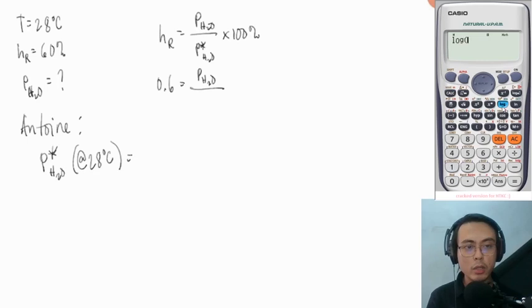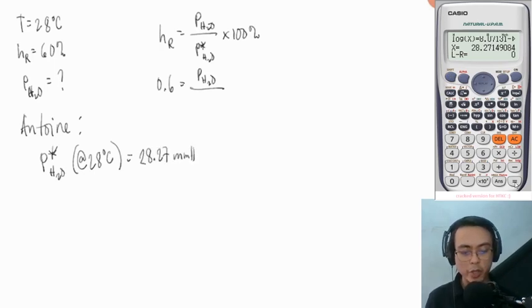Okay, so that's log of P. So log of P equals A, 8.07131, plus B, 1730.63 over C, 233.426 plus temperature, 28. So at 28 degrees Celsius, the vapor pressure is 28.27 millimeters of mercury.